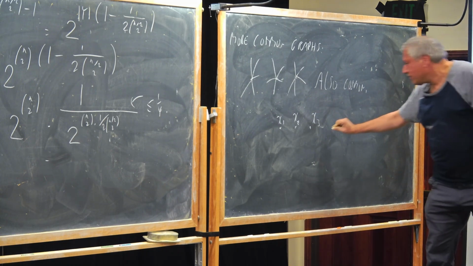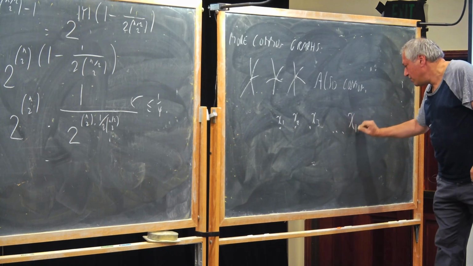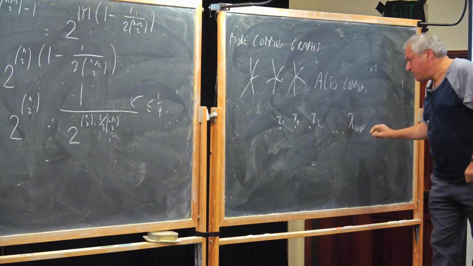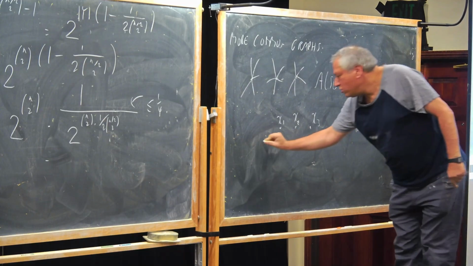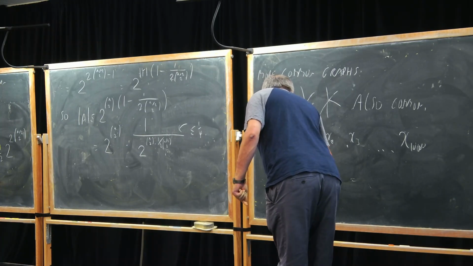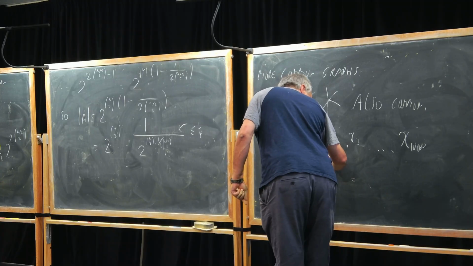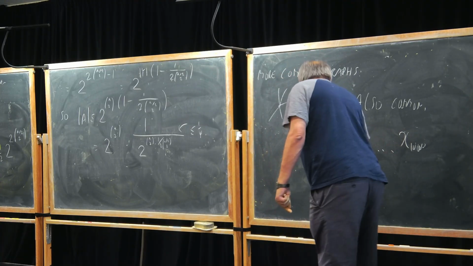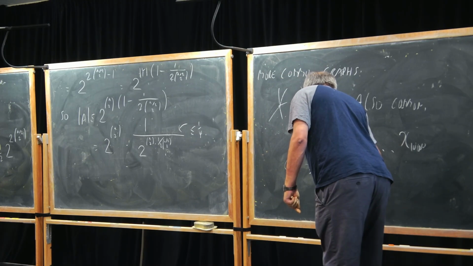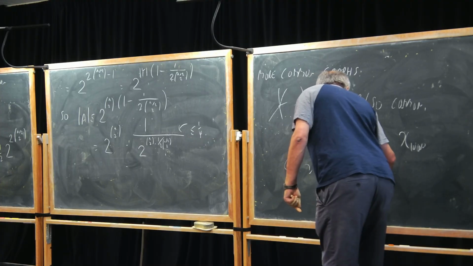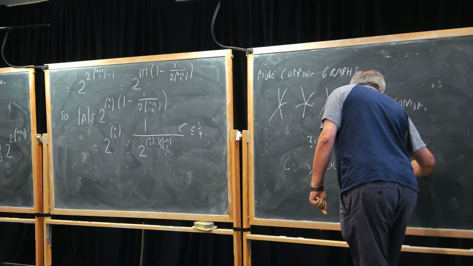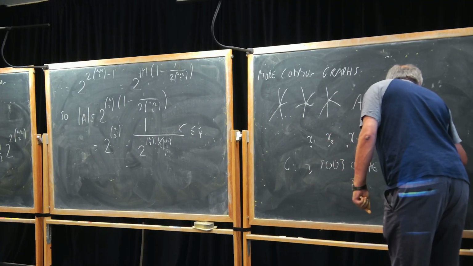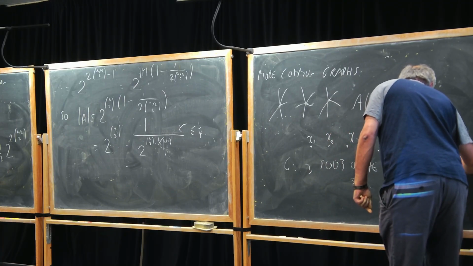Rather, take 10,000 points and take all the G such that at least 5,003 of the xi have degree at least n over 2 plus 5.